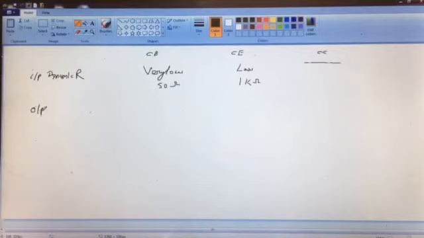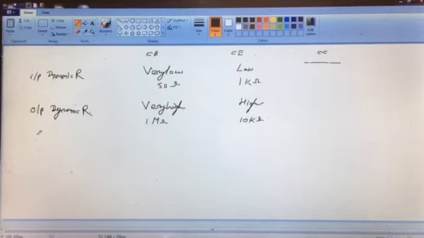Output dynamic resistance is very high. It will be of 1 mega ohm, and in the other case of the order of kilo ohm, 10 kilo ohm.